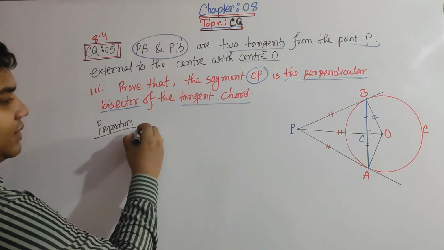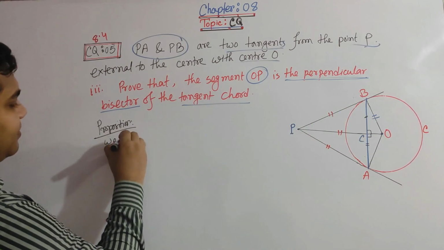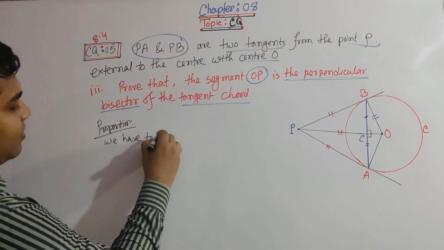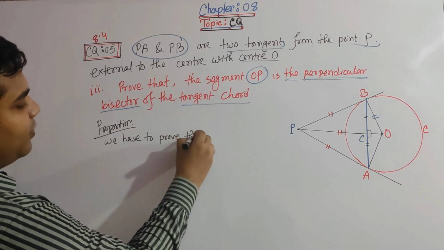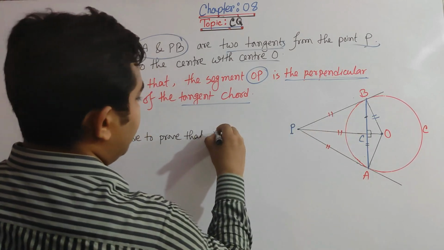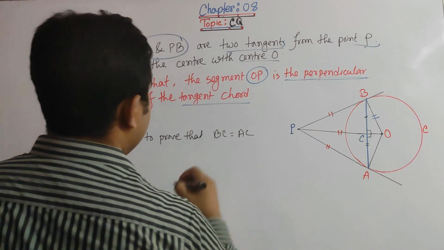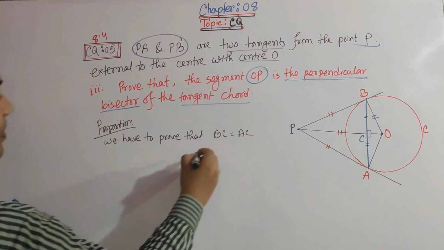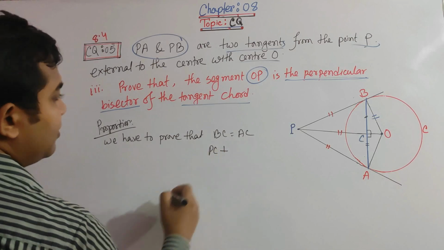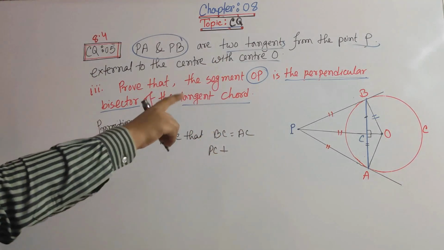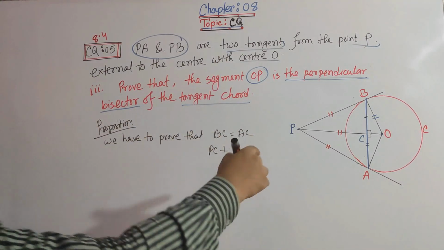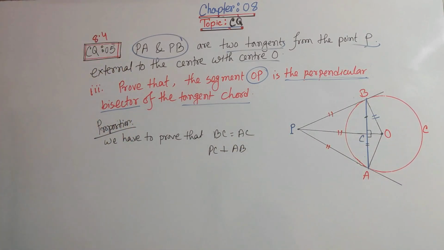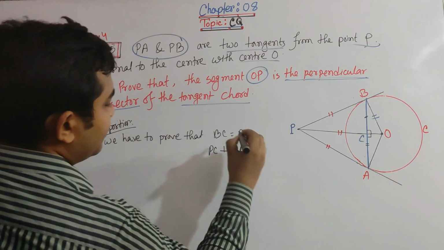We have to prove that BC equals AC. This is the first part. Secondly, we have to prove PC is perpendicular to BC, or AB is perpendicular to PC. These two we have to prove.